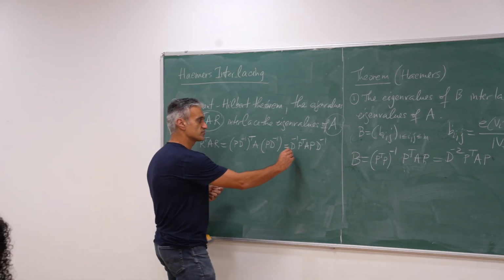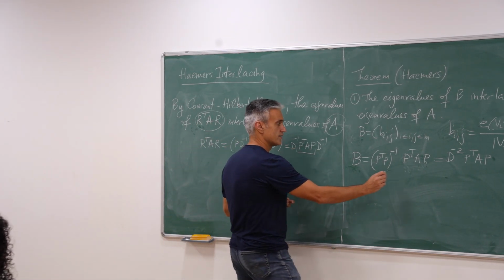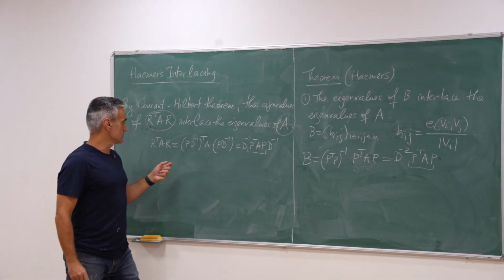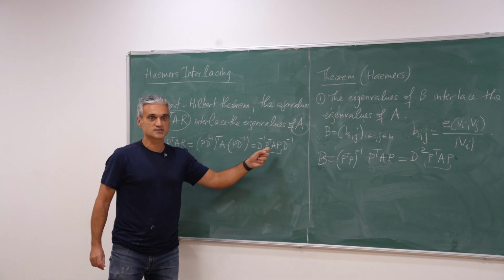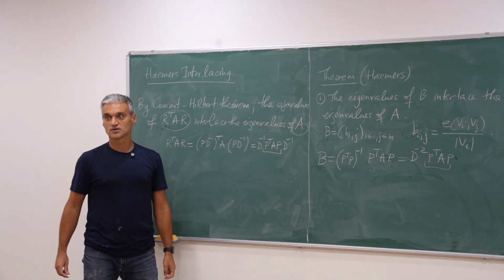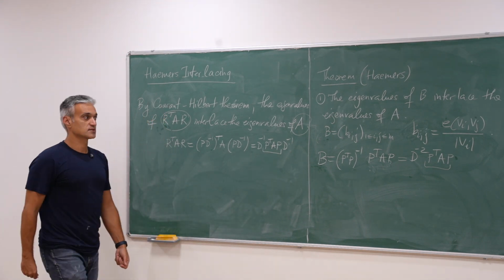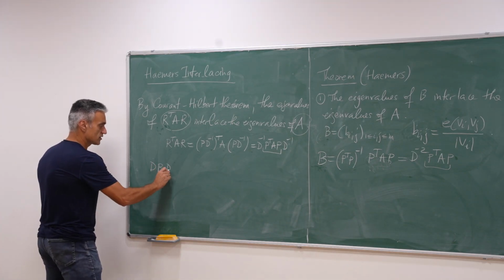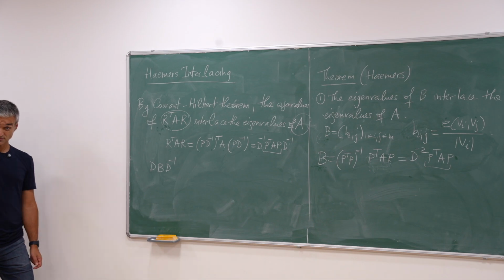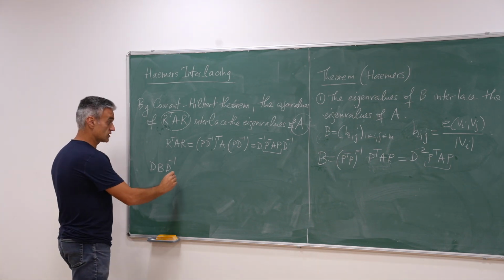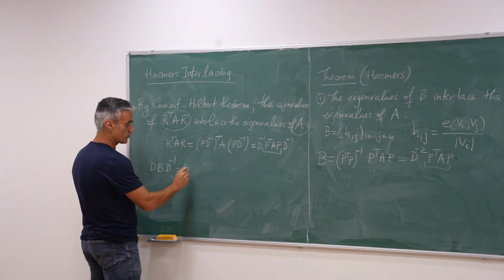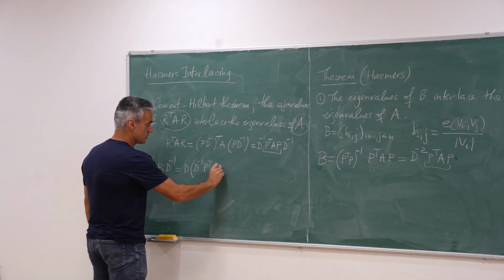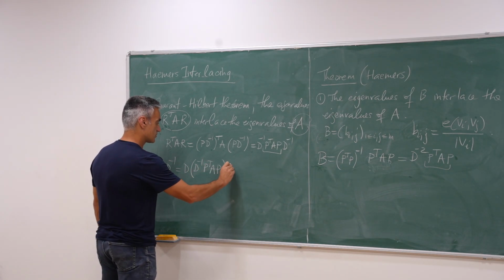You see, they both have this part here, but R transpose AR has the D minus 1 on both sides, while the other one has it differently. So let's do D times B times D inverse.